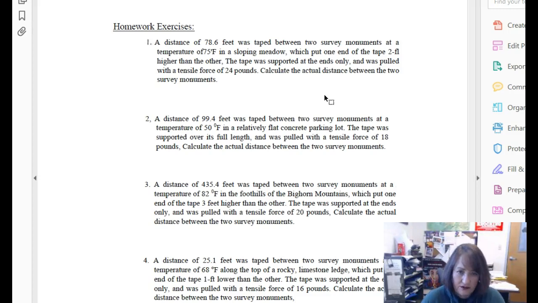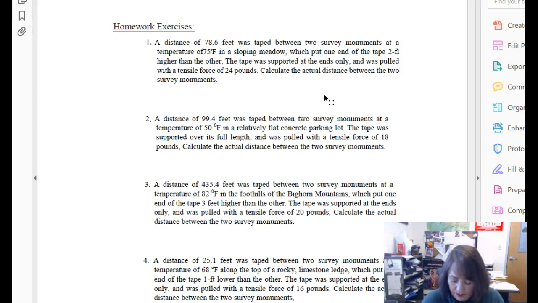And like I said, with slope, you always subtract to get the horizontal distance. So what we're trying to do is to get the actual distance in horizontal feet. So we're going to have a slope correction that we subtract, right? Because the reading on the ground, this horizontal distance, is always less than the slope distance.